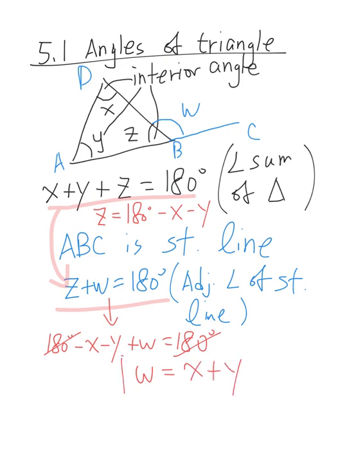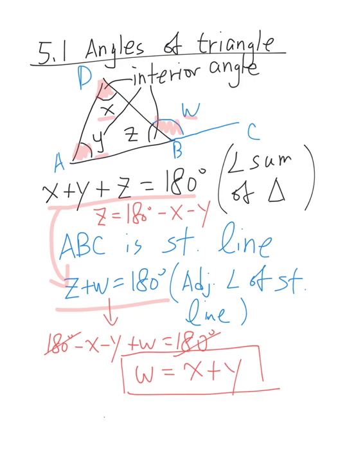So this is another very important phenomenon of angles of triangles, that this W is equal to the sum of two interior angles X and Y. Okay, so this is the new theorem that we are going to learn.